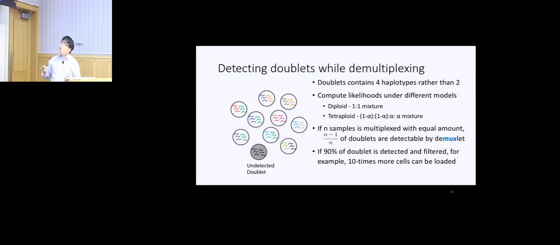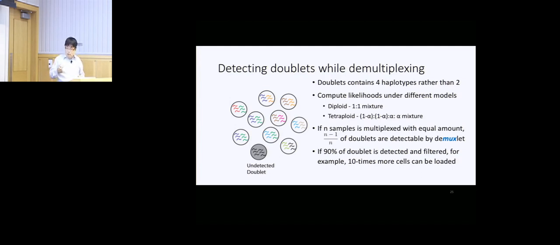In the diploid model, you assume that each haplotype is contributing in a 1-to-1 mixture, and now you're assuming a tetraploid where 2 chromosomes are coming in with some proportion. Let's say alpha is like 30% and the other is 70%, so this one comes as a 30% mixture. You need to know the fraction of reads that are contributed by each sample.